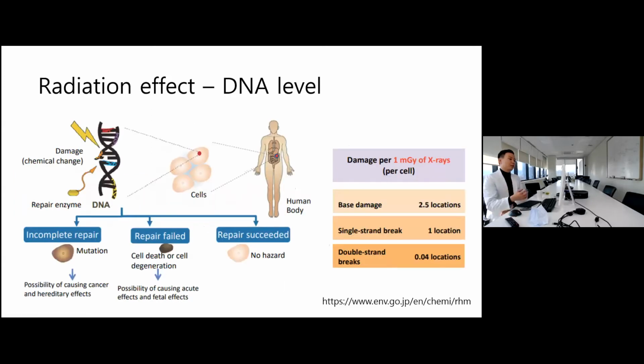So again, with a failure of repair, a large number of cells may go on to death or degeneration, and there is a possibility of causing fetal effects, referring to the deterministic effect. And in the cells whose genes were not completely repaired and survive, these may undergo mutation, and it can cause a stochastic effect, such as cancer or hereditary effects.